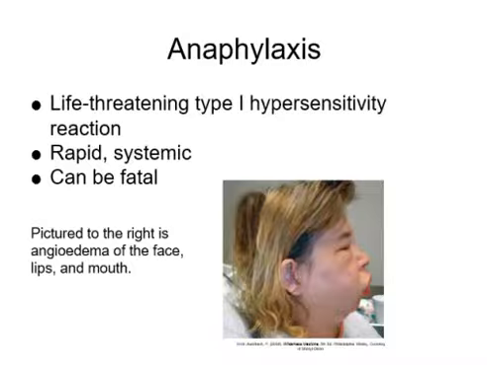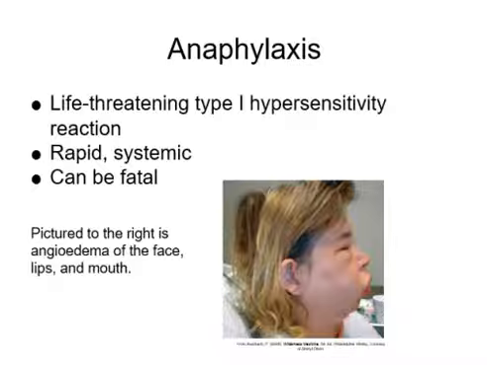So what's the difference between anaphylaxis and an allergic reaction? Anaphylaxis is like the allergic reaction that's out of control and is going to kill you. Okay? It's a life-threatening type 1 hypersensitivity reaction. It can be very rapid. Systemic, what does that mean? Systemic means it's affecting my whole body.